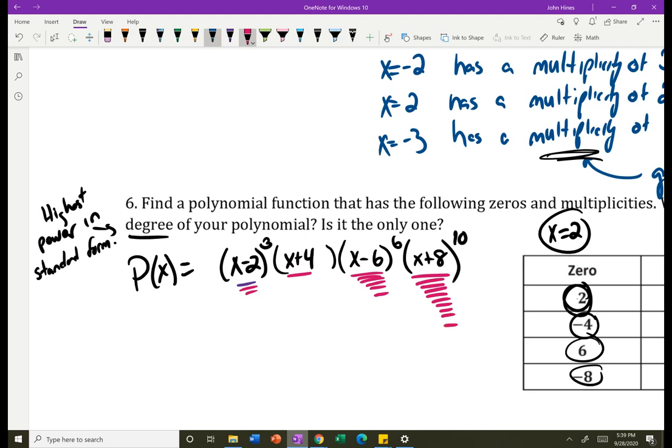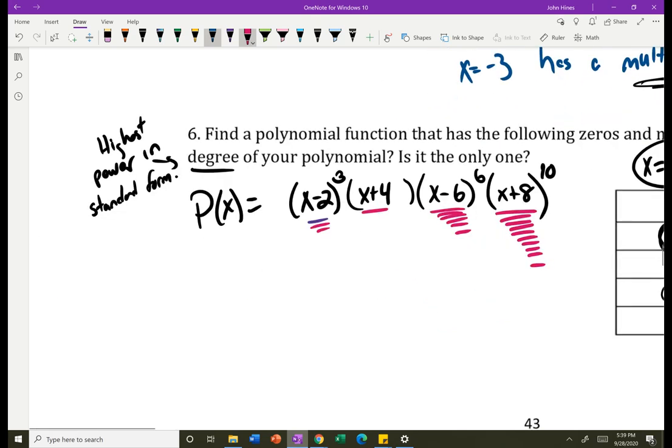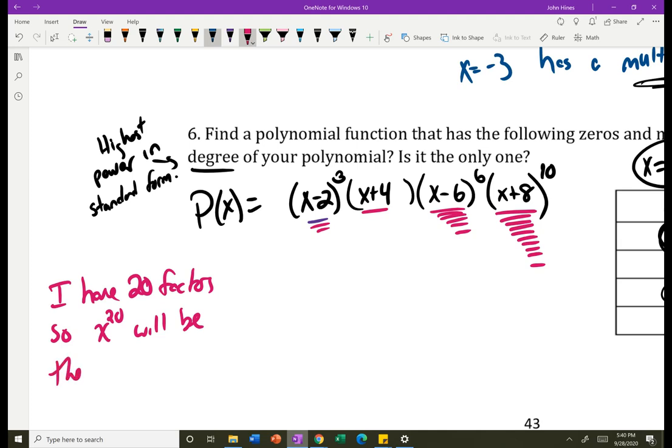So I have 10 plus 6 plus 1 plus 3. That's how many factors I have. I have 20 factors, so x to the 20th will be the first term. Because I have those 20 factors, the degree is 20.